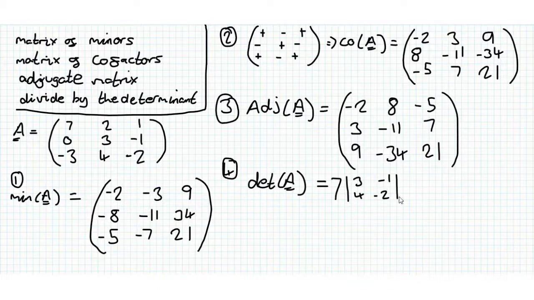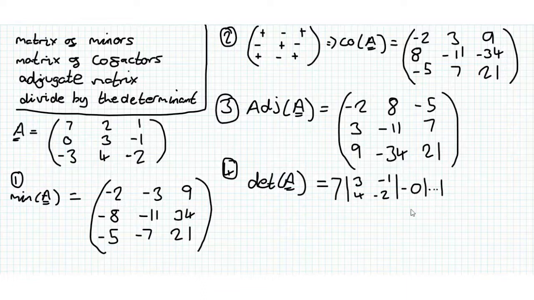Alright, and then we've got the minus sign here, so it's minus 0. It doesn't matter what this is because that's 0, so it's just going to turn out 0 anyway, but it would be 2, minus 2, 1, 4, minus 2 is that little matrix.